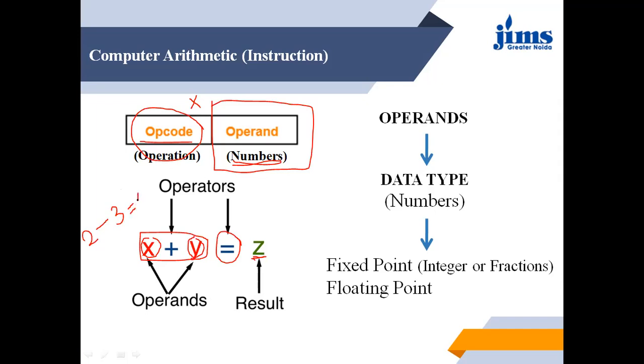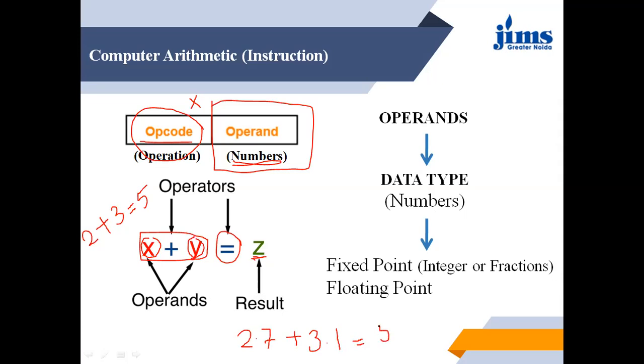It means we are adding 2 and 3, and the sum is transferred to z. Similarly, suppose the value of x is 2.7 and the value of y is 3.1, then the summation of this is 5.8, meaning the value of operand z is 5.8.